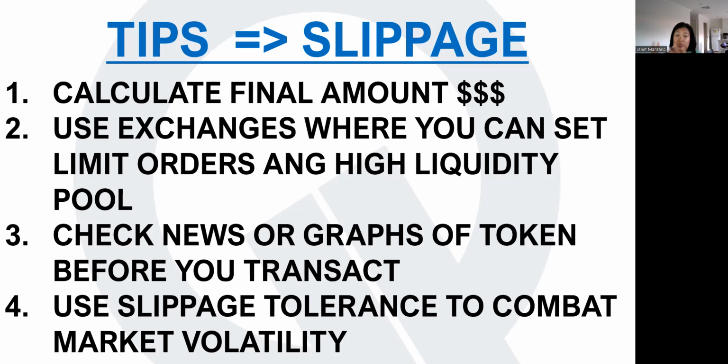So if you're willing to lose $10 during the transaction, then you can put 1%, right? And so on and so forth. That way, you are ready. You will not be shocked in case the actual amount that you receive from the trading is different from what you ordered and what you see as the estimated value.